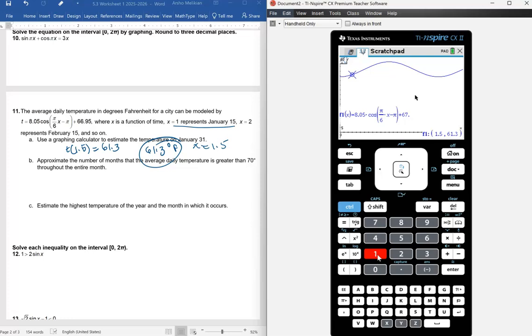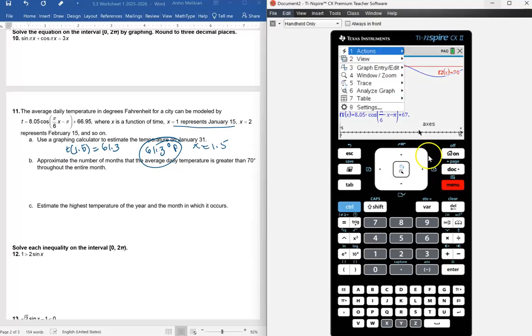Okay, next. Approximate the number of months that the average daily temperature is greater than 70. So now I press tab, and in my F2, I type in just 70, enter. So here we go. Do you see how in this region it's greater than 70? Let's trace what those values are.